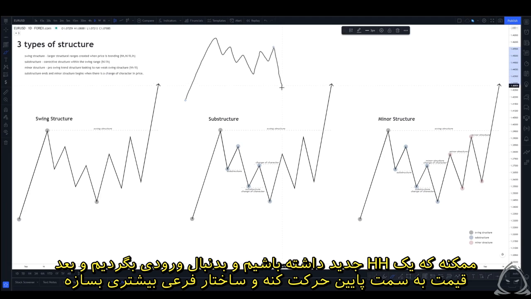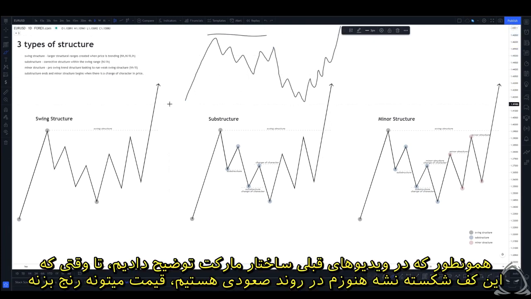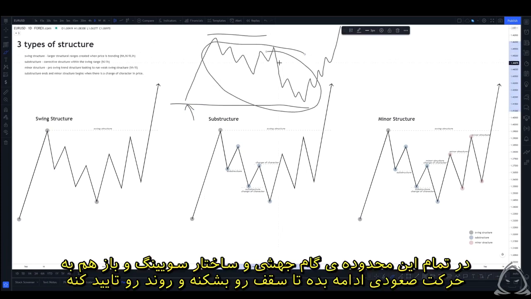And then price could continue down, creating more substructure, and then continuing to the upside and actually breaking the high. Because as we said in the previous market structure videos, as long as this low is not violated, we're still in a bull trend. Price can range all throughout this entire impulsive leg of the swing structure and still continue and break the high to be valid.